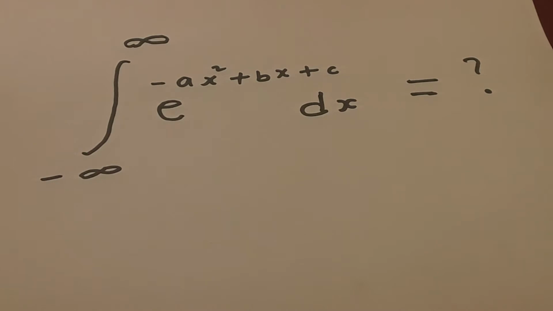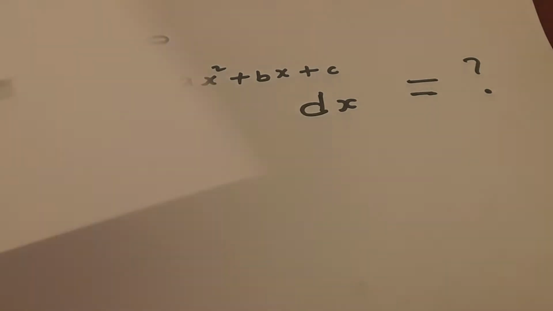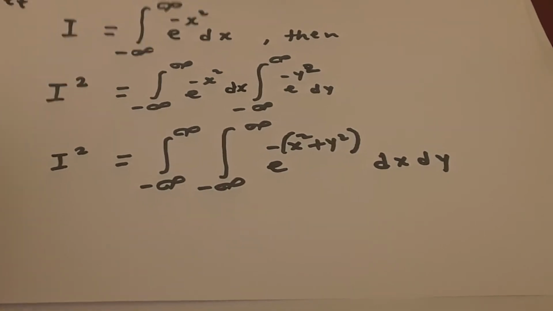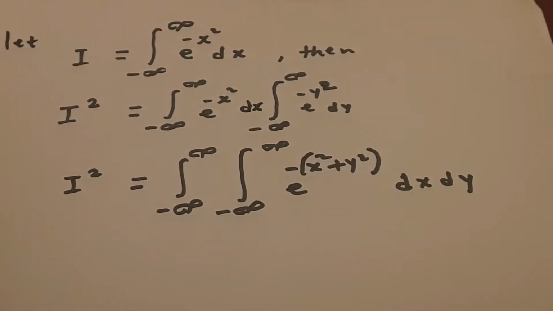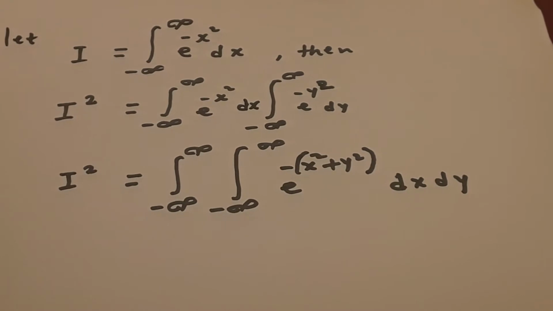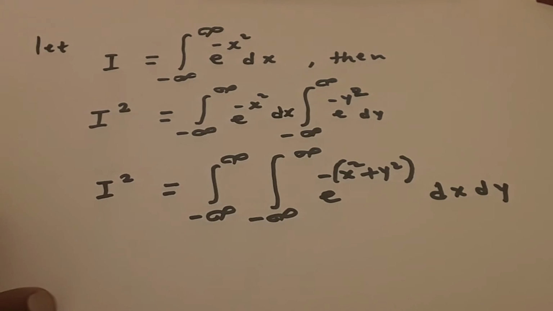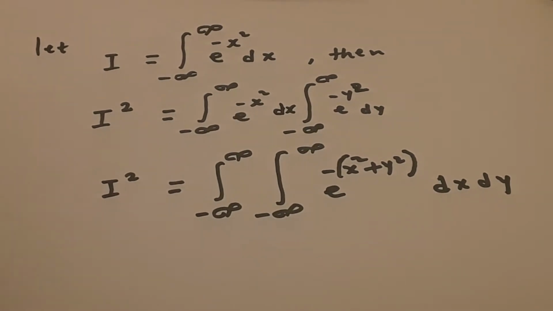This form of the Gaussian integral is useful for calculating expectations of some continuous probability distributions.